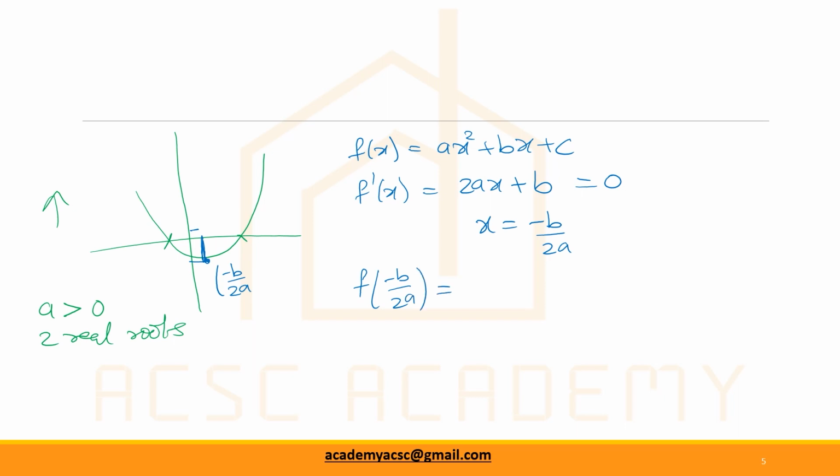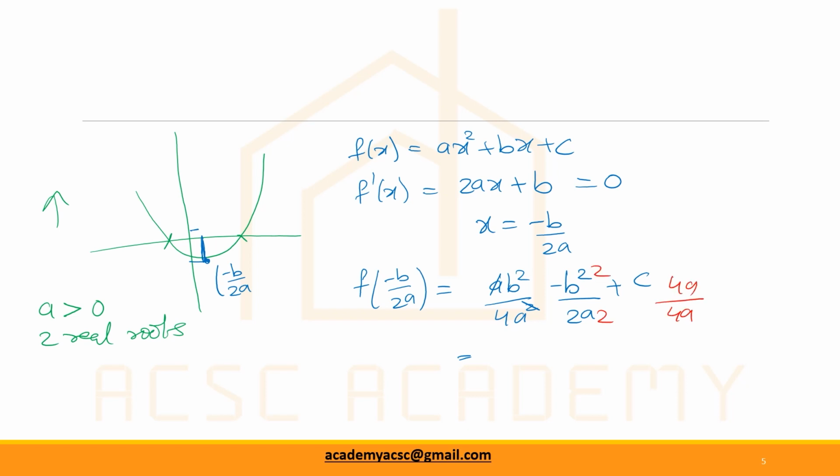It will be a times the square of this thing, which means b squared by 4a squared, plus b times minus b, so that will be minus b squared upon 2a, plus c. So now we will cancel out this one, and we will be multiplying with 2 here and with 4a here.